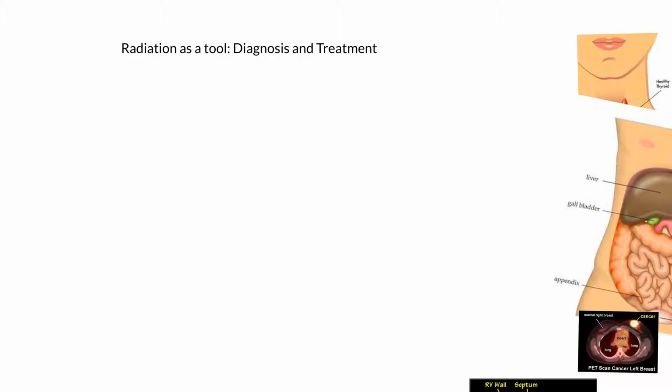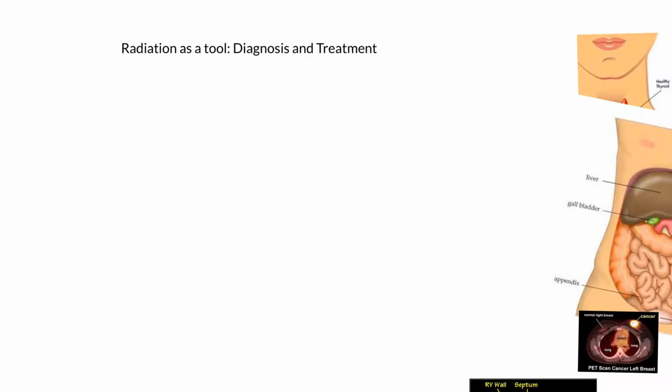Nuclear medicine is the branch of medicine that uses radiation to provide information about the functioning of a person's specific organs. X-rays provide us with a picture of the anatomy of the bones, while nuclear medicine provides us with how the organs function.